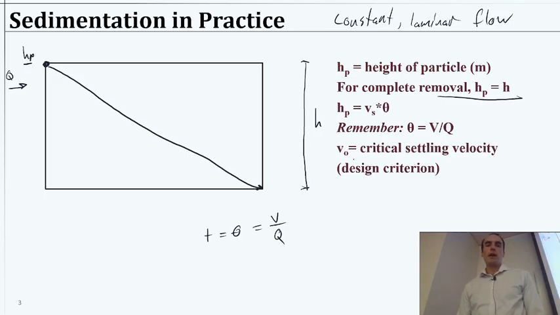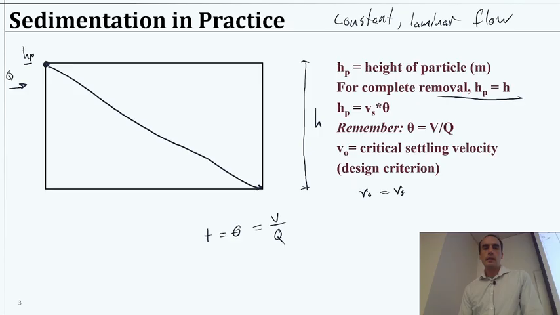If we define lowercase v naught as the critical settling velocity, we can set it equal to Vs for a given particle to say that by design, we are removing this particle.